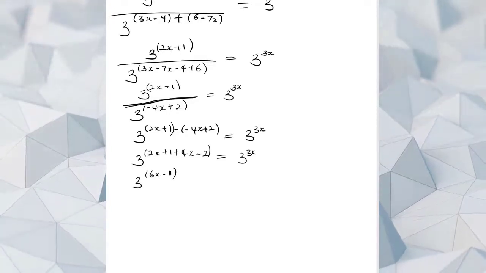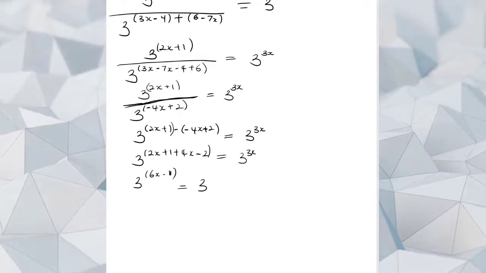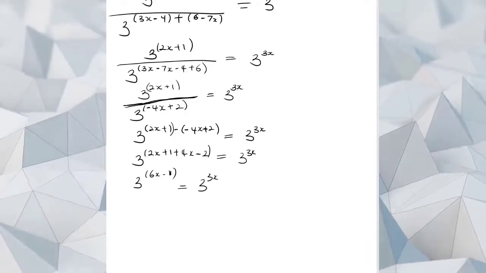Bracket close is equal to 3 raised to power 3x.